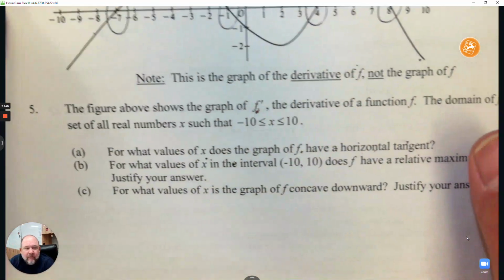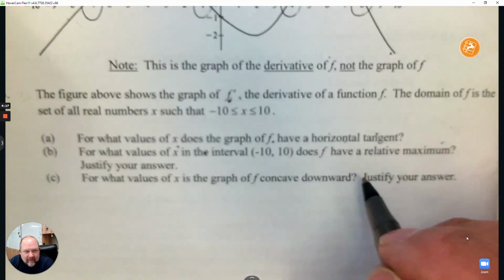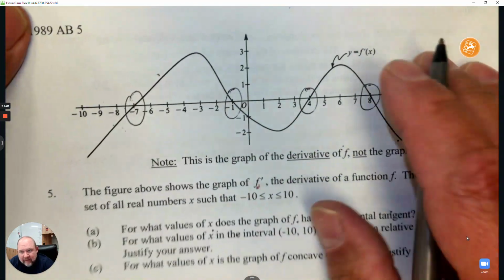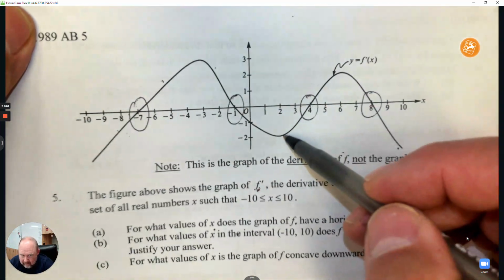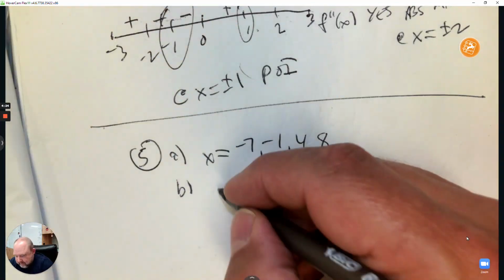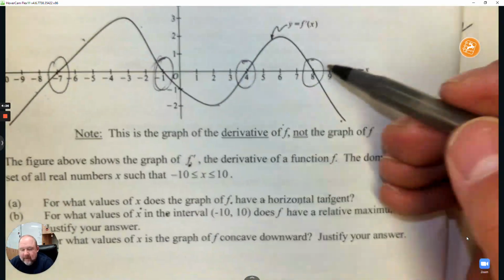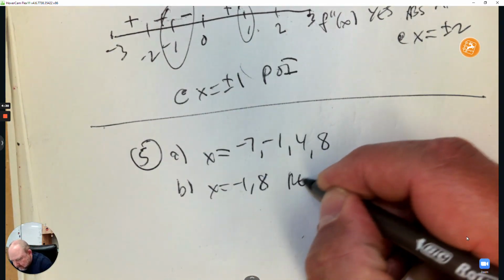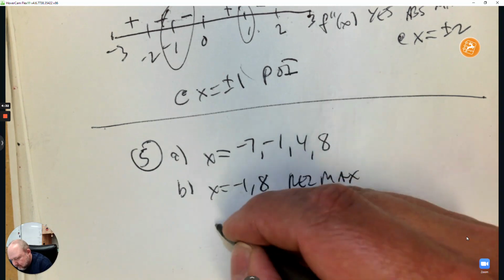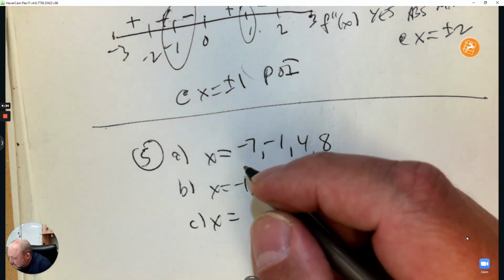Part B, for what values of x does f have a relative maximum? So a maximum is when it goes from positive to negative. So -1 is a maximum, and positive 8 is the other one. Is there a minimum?